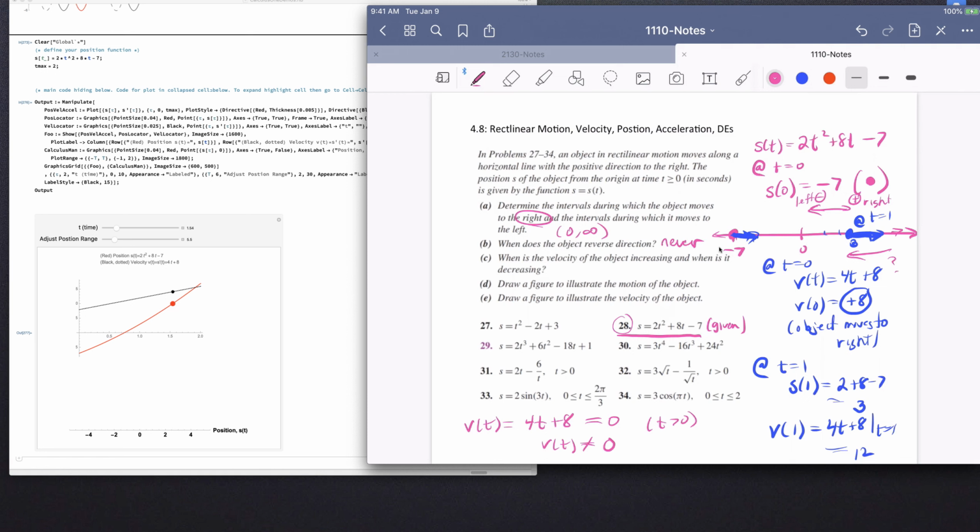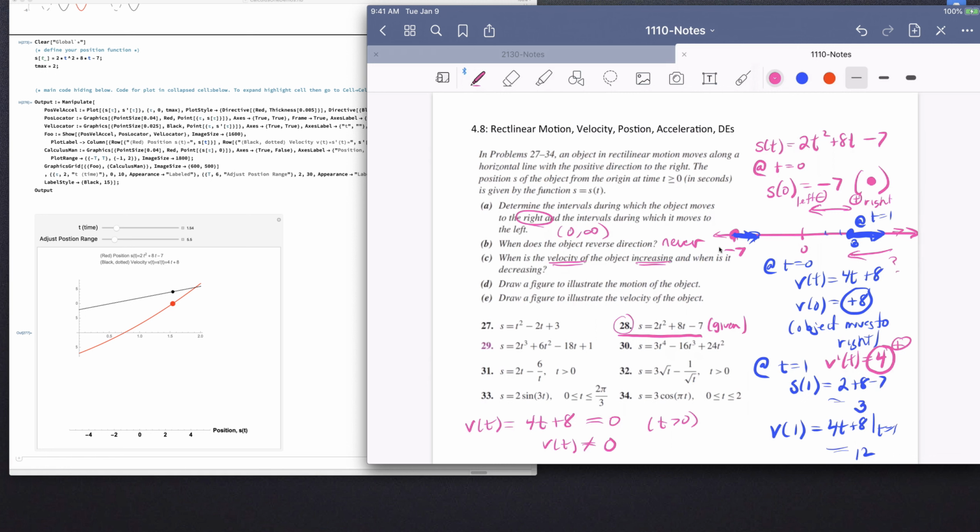When is the velocity of the object increasing, and when is it decreasing? For that we need the derivative of the velocity, which is equal to 4. The derivative of the velocity is positive, so the velocity of the object is always increasing. The rate of change of the velocity is always 4.